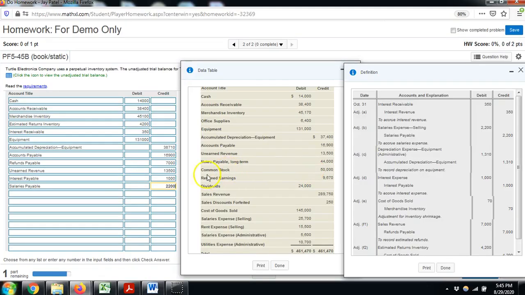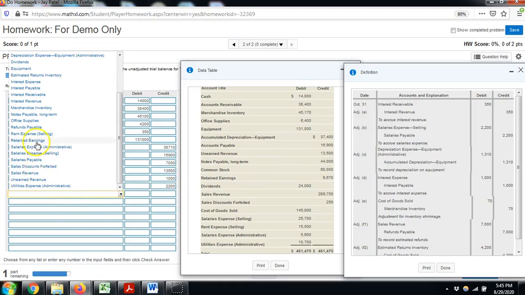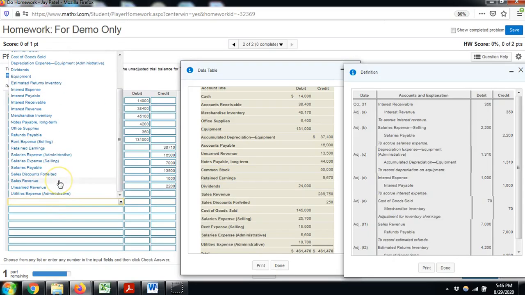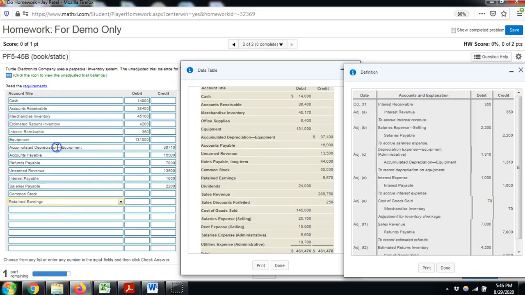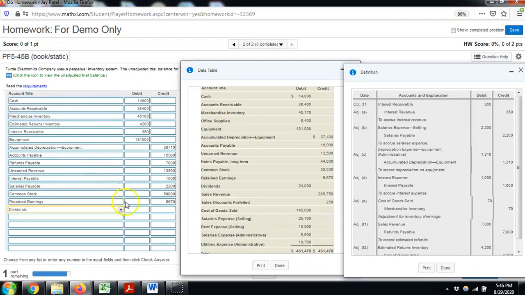So now let's go to common stock and retained earnings, which are both unaffected by our adjusting process. Okay, and then dividends, also unaffected by the adjusting process.